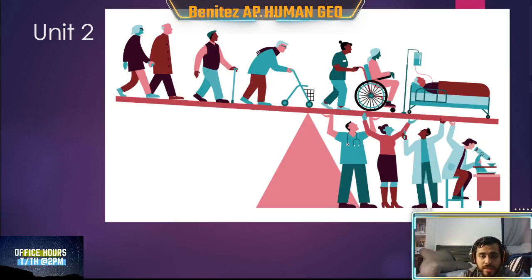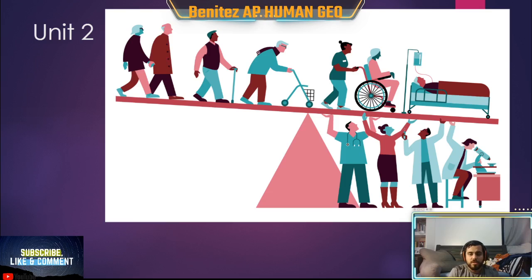We also talked about an aging population. For example, Japan has most of the megacities, but another problem that Japan has is an aging population. That just means that they have way too many old people, and all these old people are very costly for the government.